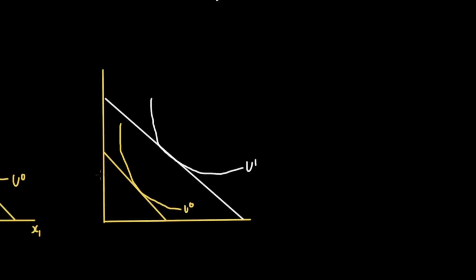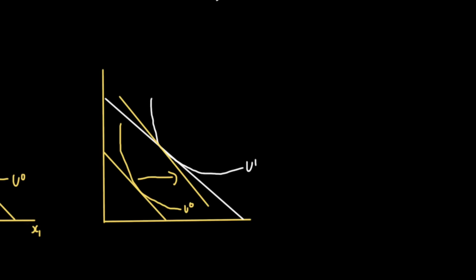So this yellow budget line here would shift to the right until it becomes tangent to the new utility level. In short, the equivalent variation is the change in income that the consumer has to get or give to get to the new utility level instead of the price change.